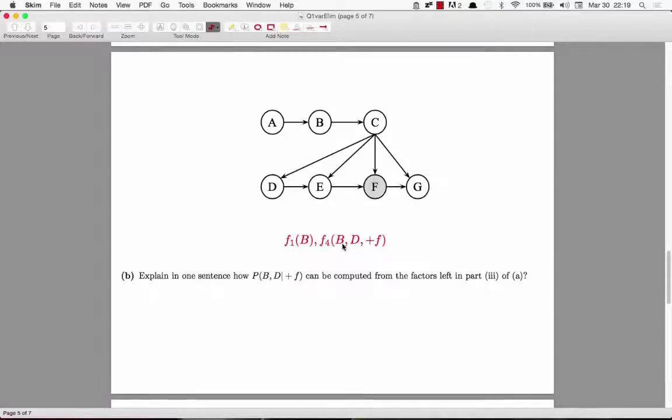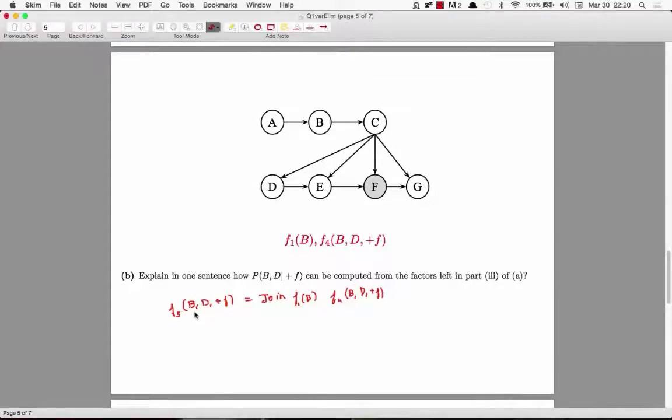So first we can join these two together to get a factor, say f5, which has b, d, plus f, which is, say, obtained by joining f1 and f4, b, d, plus f.